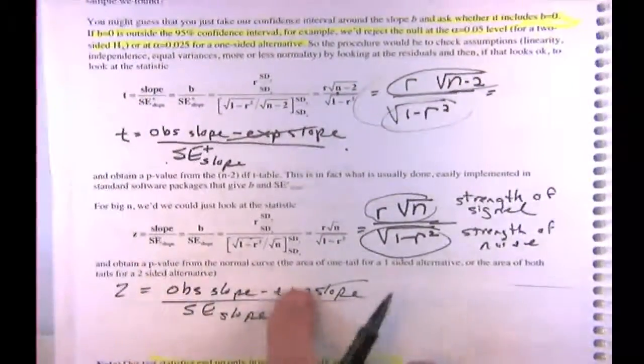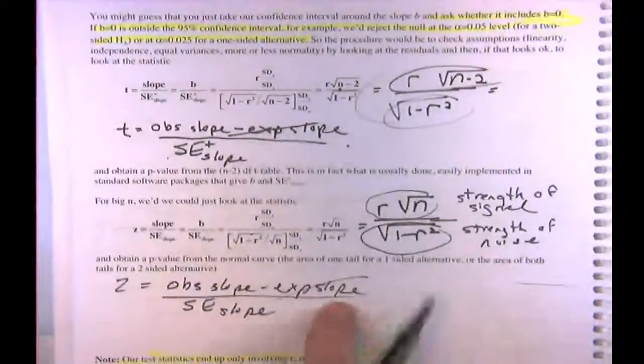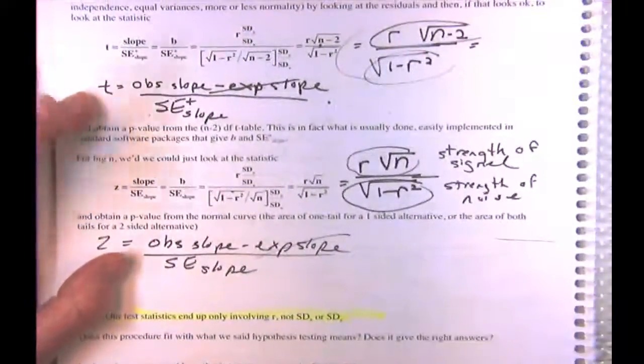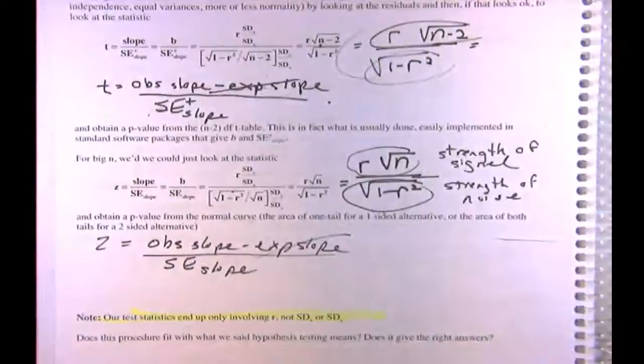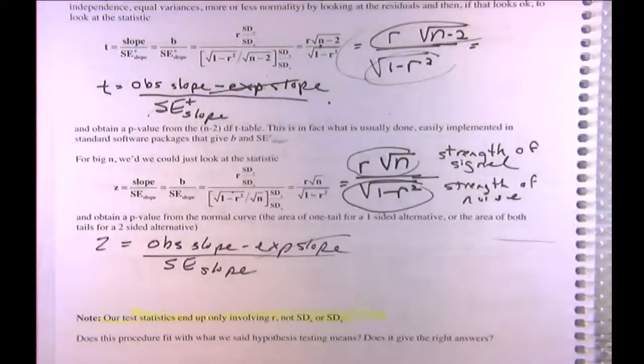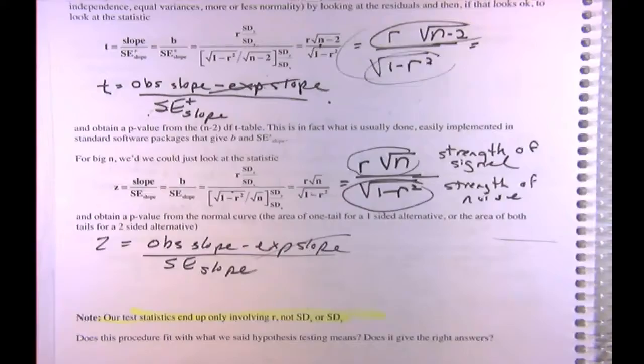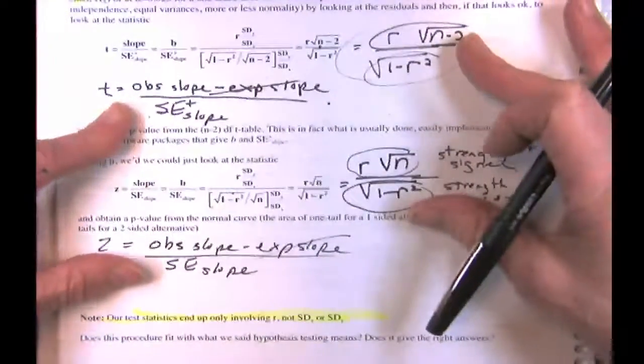But test statistics don't have to follow that form. All we're looking for is some test statistic that has a known distribution that's related to what we're interested in. And they don't always follow this form. This one happens to follow the form. It looks like it, but it's actually this whole thing that's distributed.